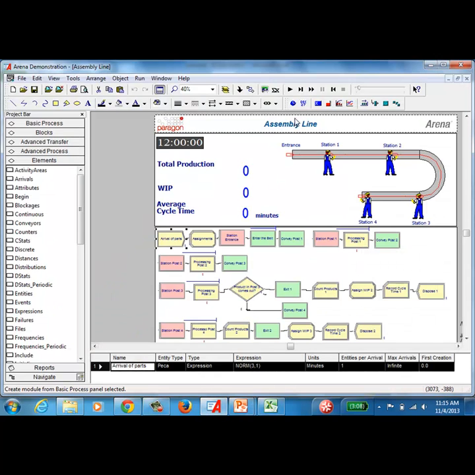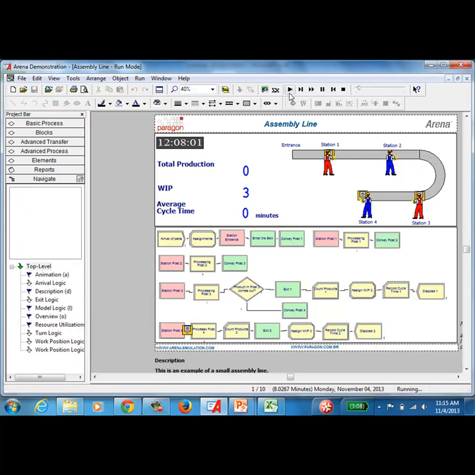So let's run this one more time. This is with 3 minutes. You see the arrivals. Let's focus on the WIP and the total production. So now, let's say after 130 minutes, we have about 22 units.